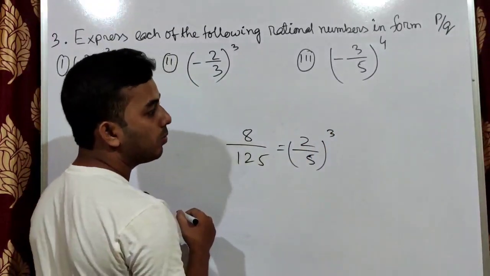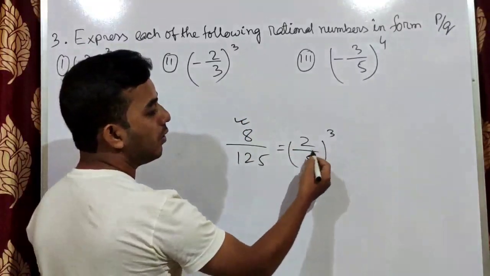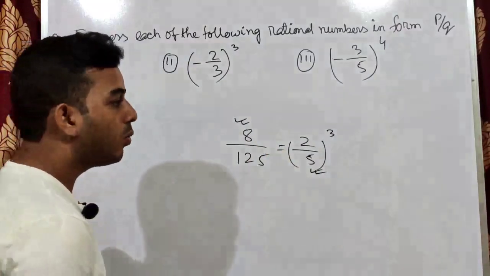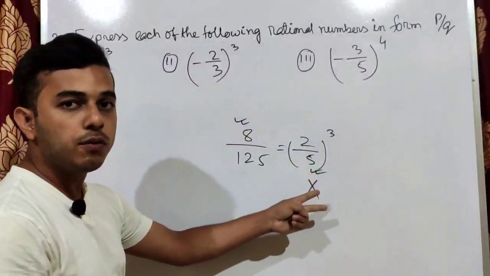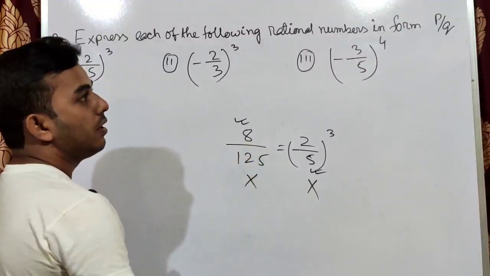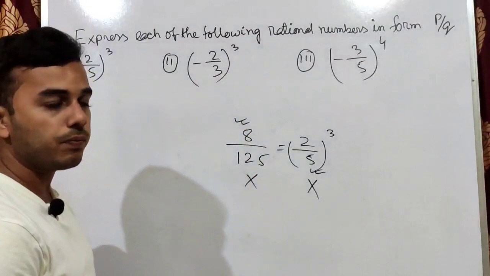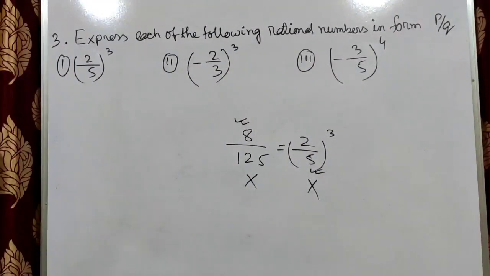Now we have this exponential form, and we have to find the p by q form. So now let's start with our first question.